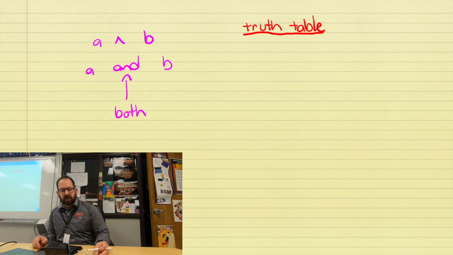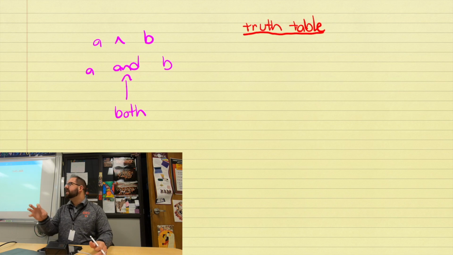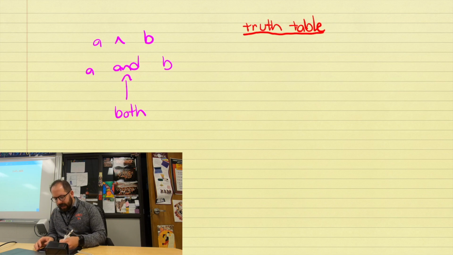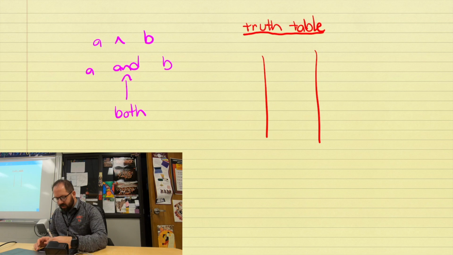It's an idea where you make an educated, not a guess, but an educated breakdown of every possible combination that could happen here. So here's what I'd like you to do. I'd like you to make a column or a grid where there's 3 columns.